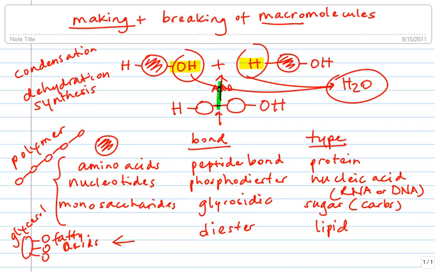So when you go this way, when you're breaking, that is known as hydrolysis. Lysis means to split. What are you splitting? You have to split a molecule of water for every bond in the macromolecule that you break. And again, making is known as dehydration synthesis, because you take away a water and you are synthesizing a new bond.